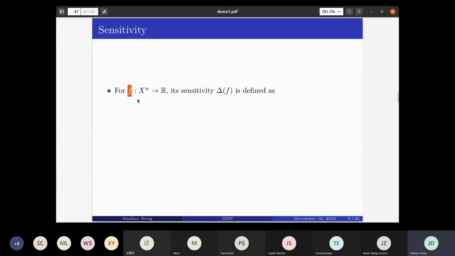For our target, say the sample mean, its sensitivity is defined as follows. We evaluate on two neighboring data sets, that is, the change from swapping out one of the data points among all n people. We look at how much it changes by changing one person. So the sensitivity is the upper bound, or supremum, of that.